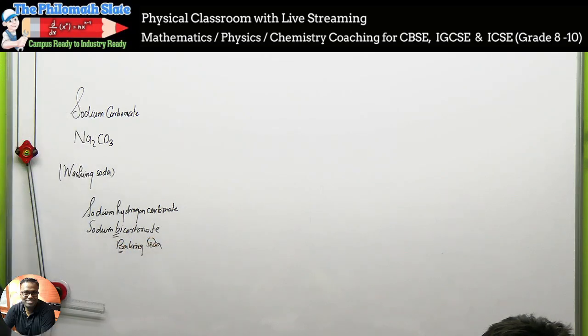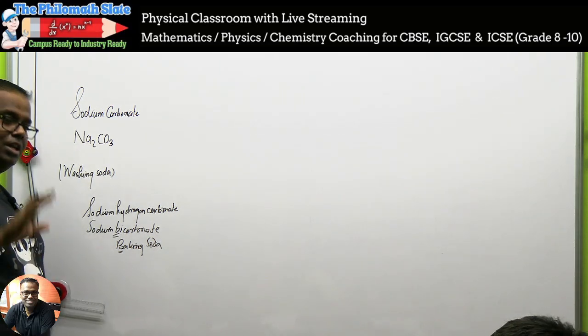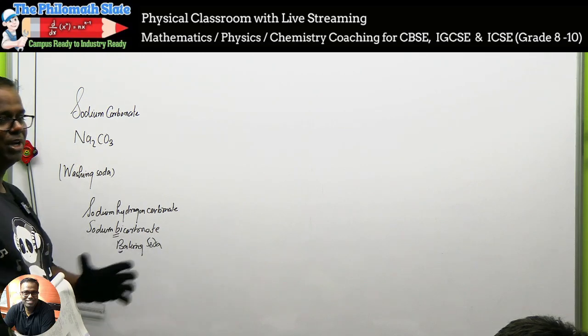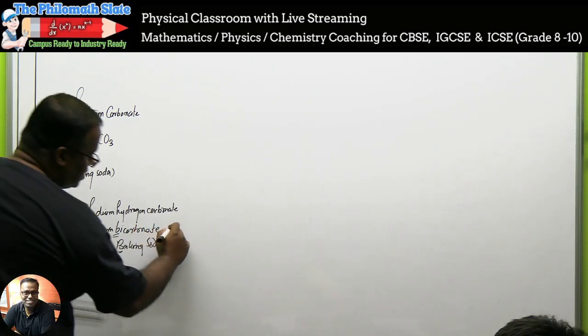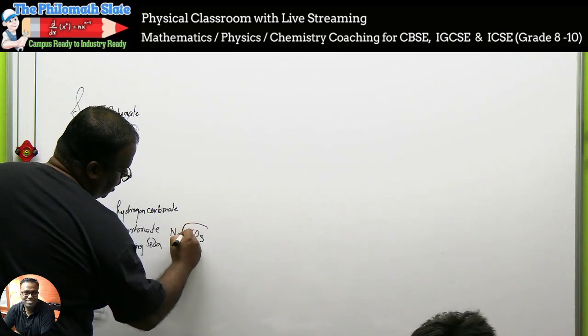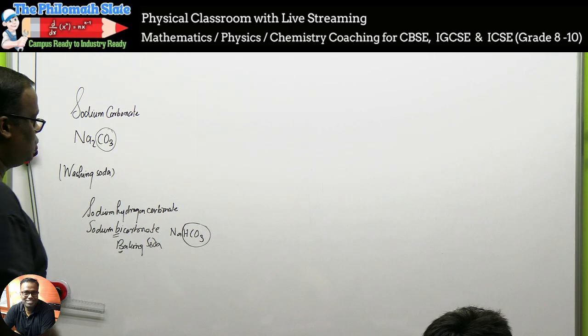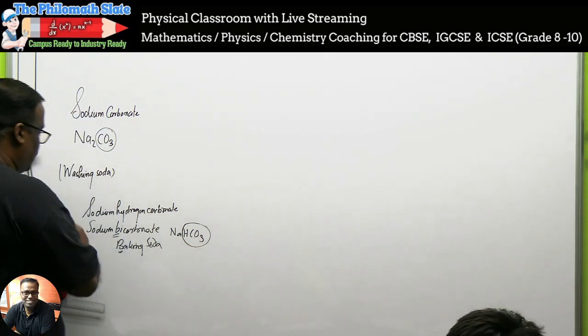In fact, the other day I picked up a pack of baking soda at Ratnadeep and I took a picture and showed it to grade 10. Its actual name will be written out there, sodium bicarbonate. Its formula is NaHCO3. This is the bicarbonate anion. This is the carbonate anion. इस HCO3 को हम बोलते हैं bicarbonate.